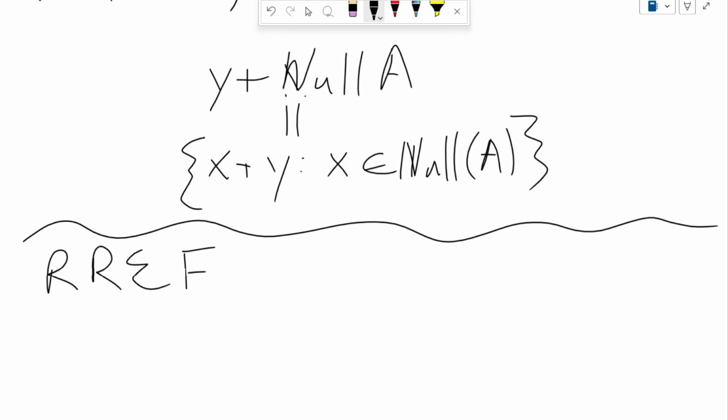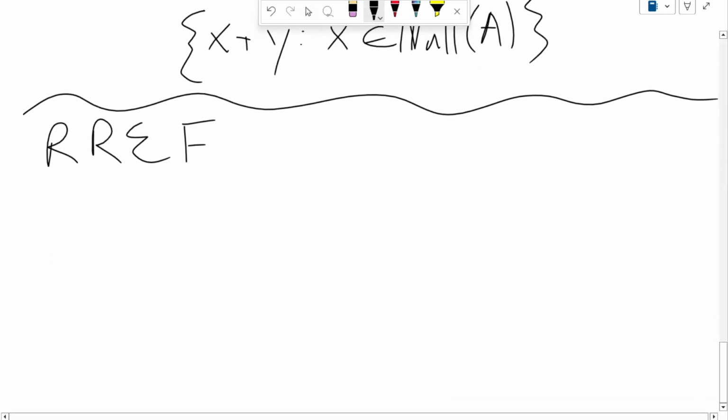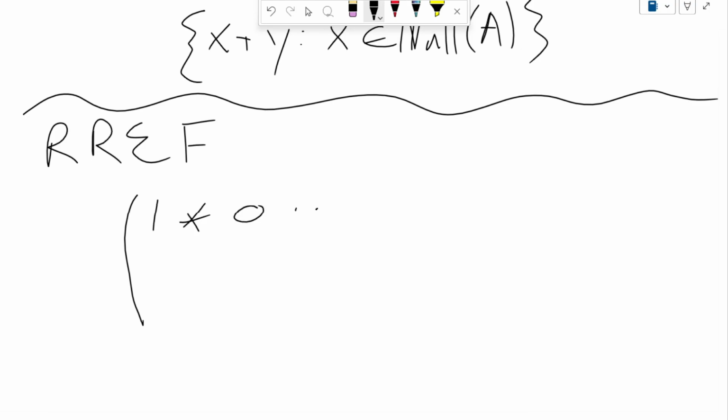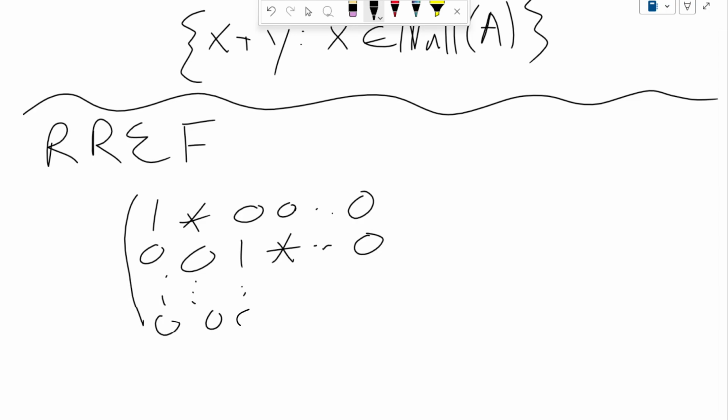You'll almost never see it written out fully. So it's reduced row echelon form. You can see it written out in my notes that I posted in the chat, but basically a matrix is in reduced row echelon form if it looks something like 1, and then this star here just means anything, then 0, 0, 0, 0, maybe a 1 here, maybe something here, dot, dot, dot, 0, 0, 0, 0, dot, dot, dot, 1.